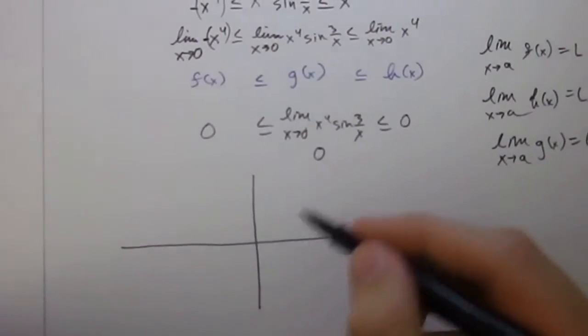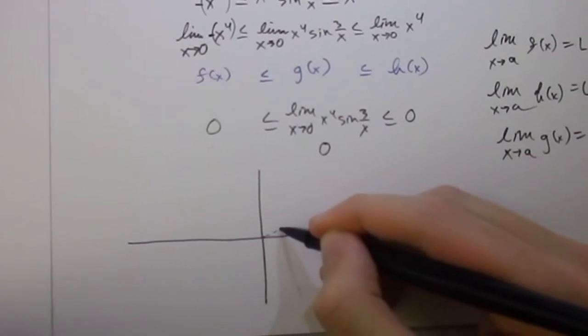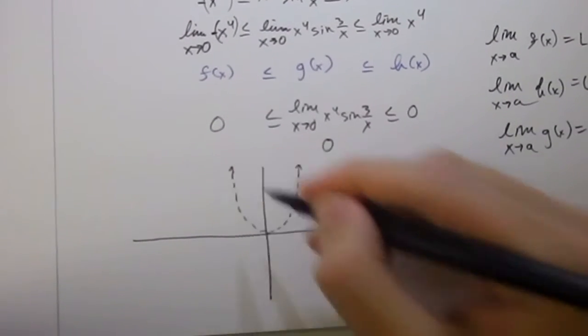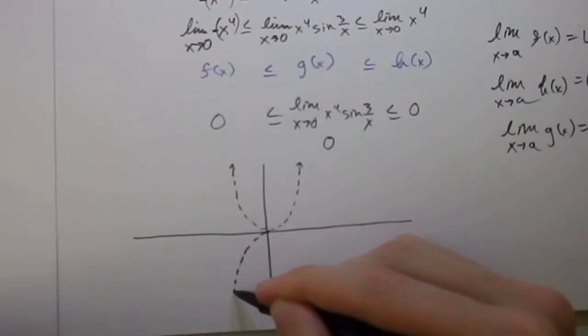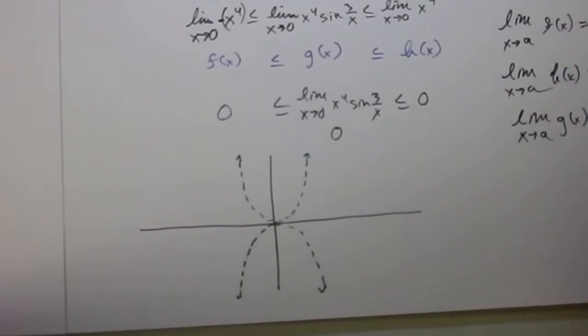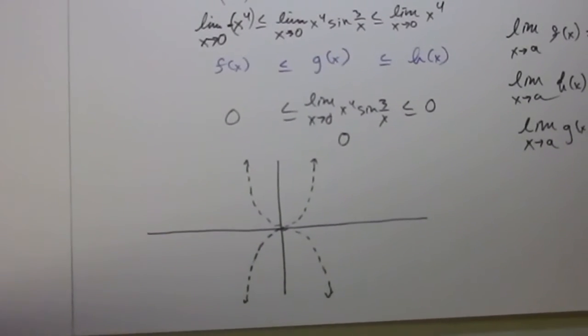What this is going to look like is an asymptote-like structure right here. This is x to the fourth and negative x to the fourth. X to the fourth is the upward parabola, and negative x to the fourth is the downward parabola.